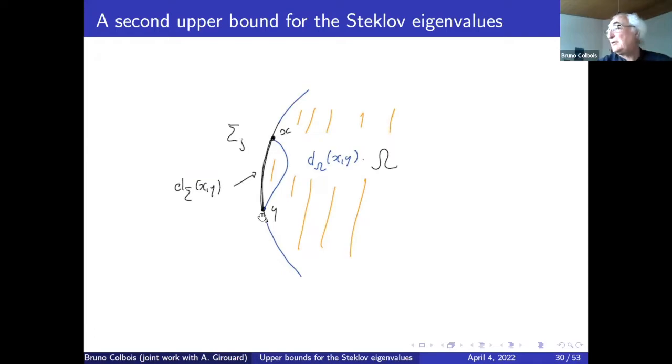But it may be a situation, for example what I did with my piece of paper, where these two distances are completely different. So the distortion is very big, and this plays a role on the spectrum of the Steklov.